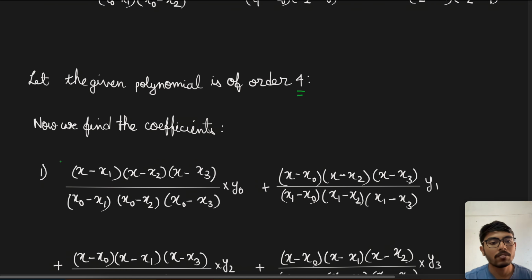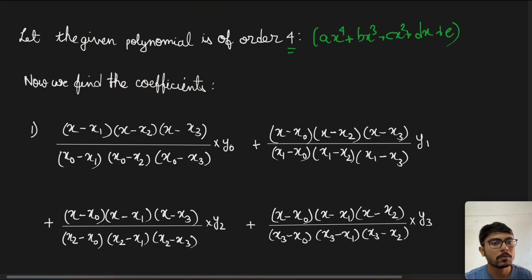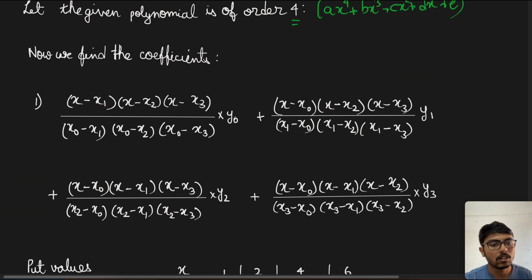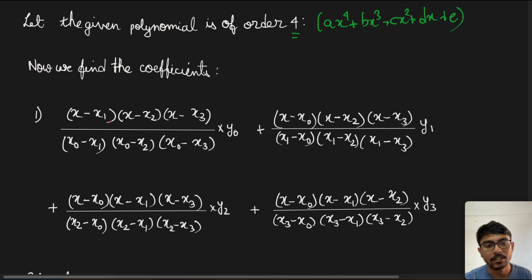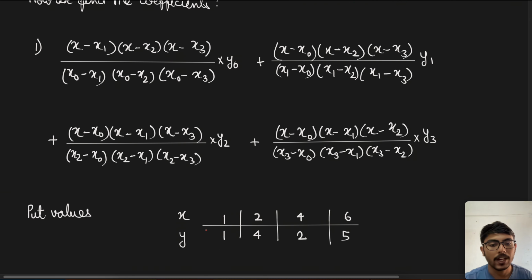Now if we start finding the coefficients, if the order is 4, then the polynomial will look like this, and these will be the coefficients of it, this one and this one all together. If we just put in the values, we had the coordinates (1, 1), (2, 4), (4, 2) and (6, 5).